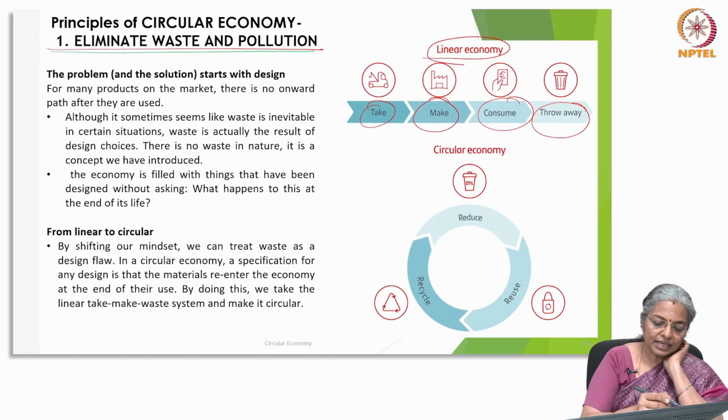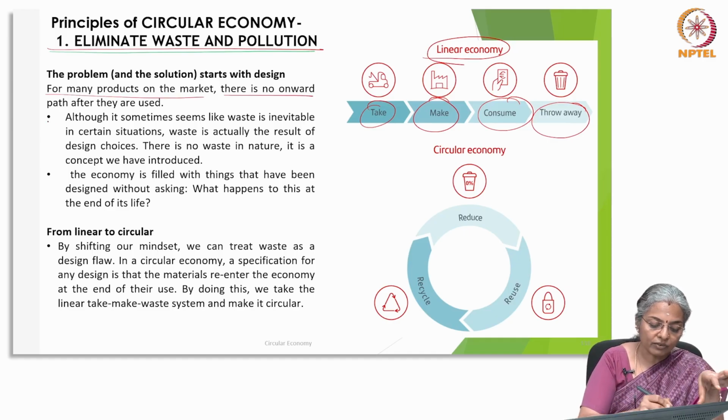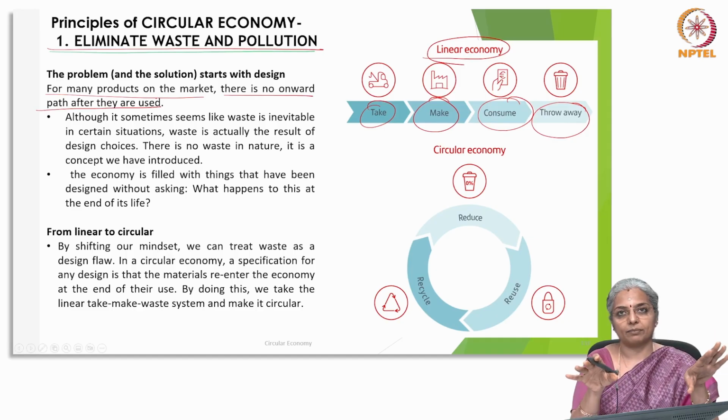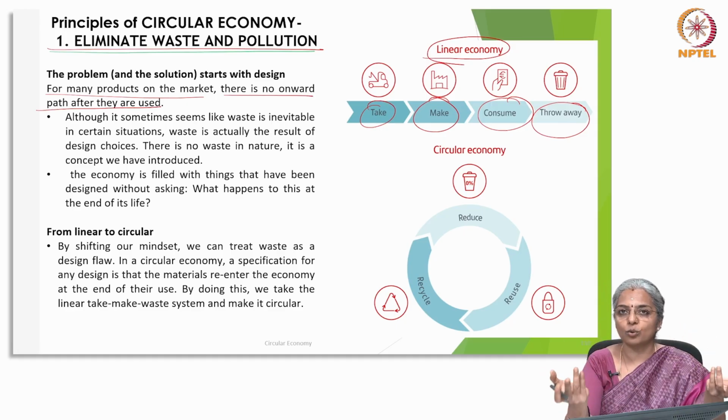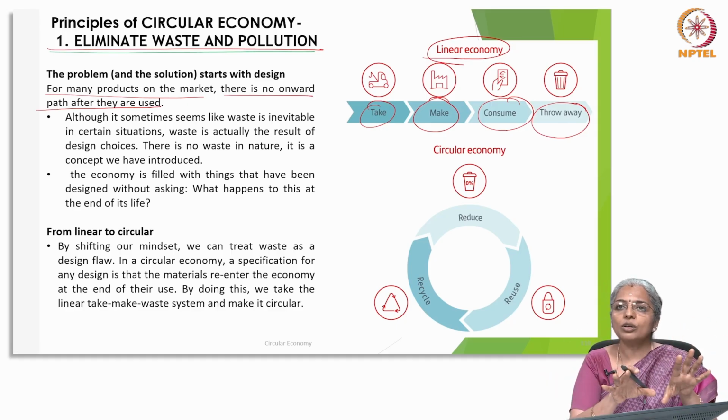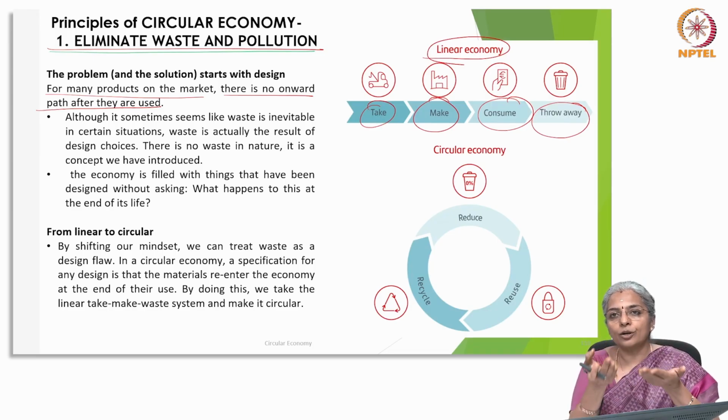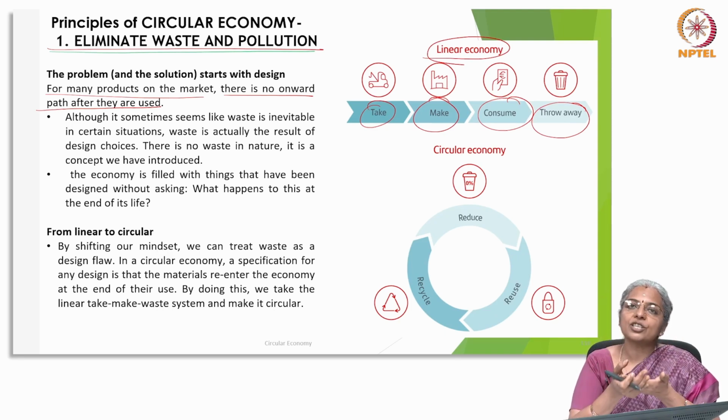So we have many products in the market where there is no onward path after we use it. Once you use something, your keyboard, you use it, it gets repaired, you end up throwing it. Although it looks like a waste in certain conditions, especially when you look at the function for which you have bought it, it is actually becoming a waste because of design choices.